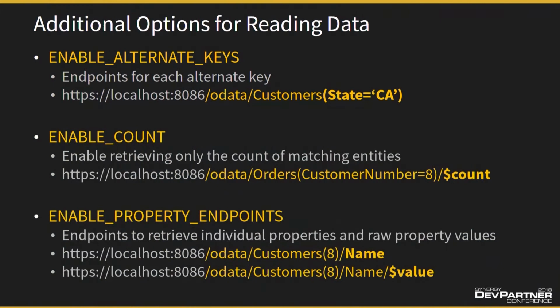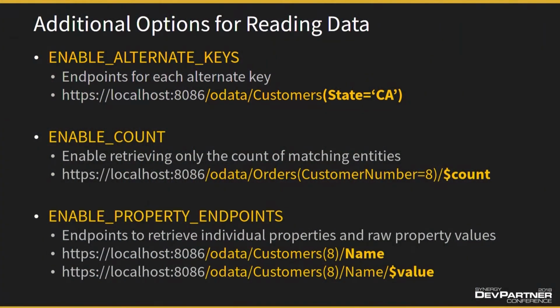You can also enable property endpoints. One of the things about RESTful APIs is they're very, very efficient in terms of the nature of the data that they return. But if you're building a mobile app, there might be scenarios where, given a customer ID, you just want to know what the account name is, for example. That's all you need. You don't want to bring back the whole customer record, and you don't want to have to go to the overhead of filtering, dollar select equals whatever.